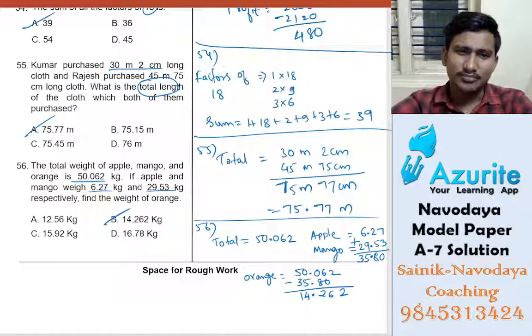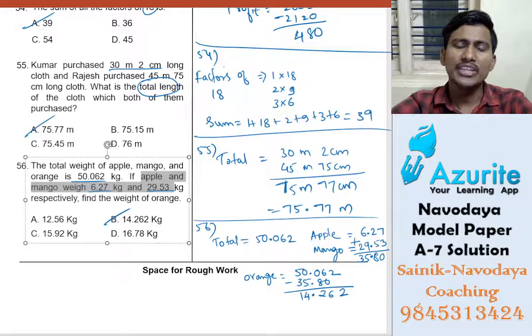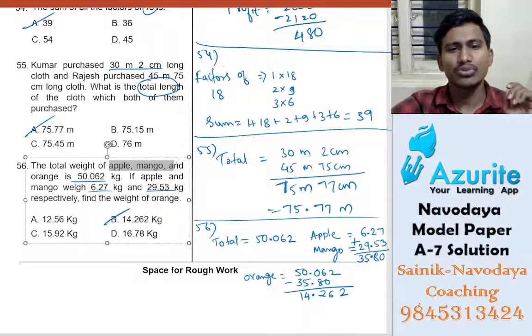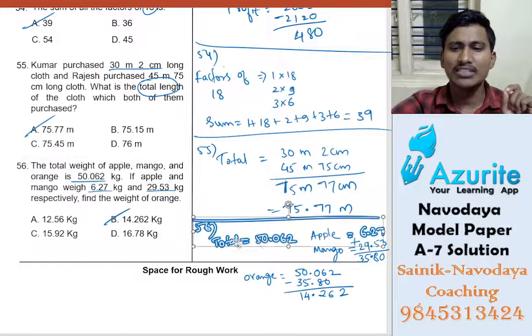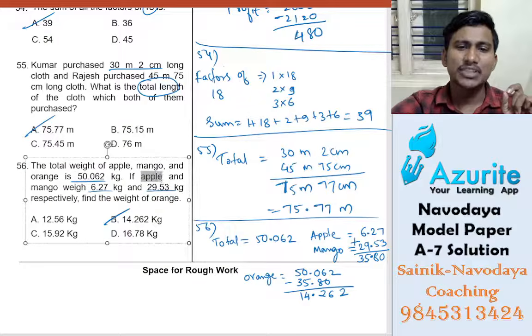So see here, 56th question. The total weight of apple, mango and orange is 50.062 kg. If apple and mango weigh 6.27 and 29.53 kg respectively, find the weight of the orange. So the total of all three fruits is 50.062 kg. Apple is 6.27 kg here, and mango is 29.53 kg.